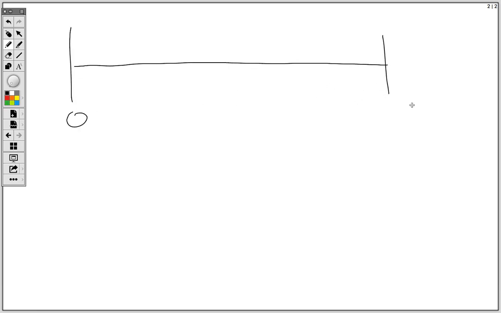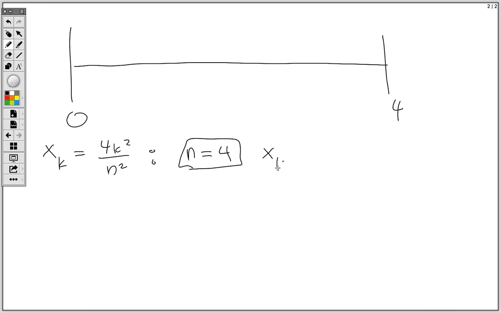Let's just look at the interval 0 to 4. x_k is 4k squared over n squared. So let's let n be 4, for instance. So I'd be wanting to chop this interval up into 4 pieces. So x_k then would be 4k squared over n squared, so it would be k squared over 4. And so when k equals 0, I get x sub 0, as you would expect, is 0.